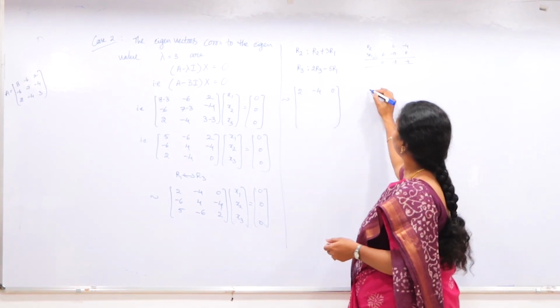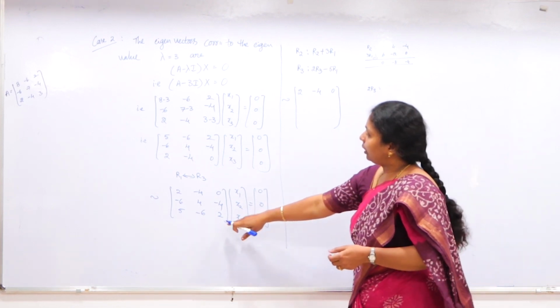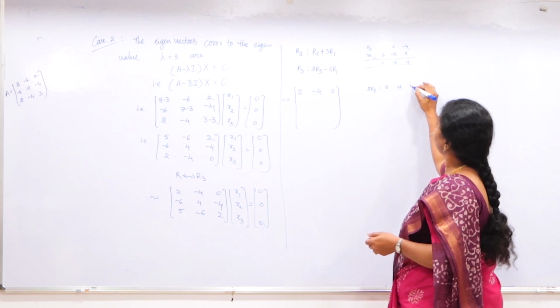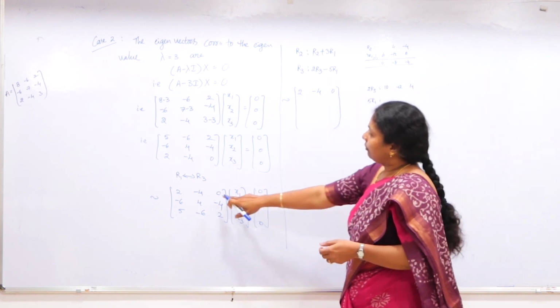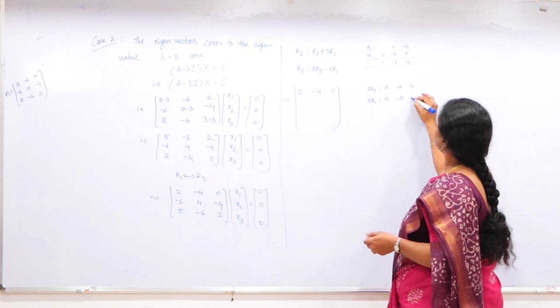Next, the second row operation. What is 2R3? 2R3 means 10, minus 12, 4. 5R1 is 10, minus 20, 0.